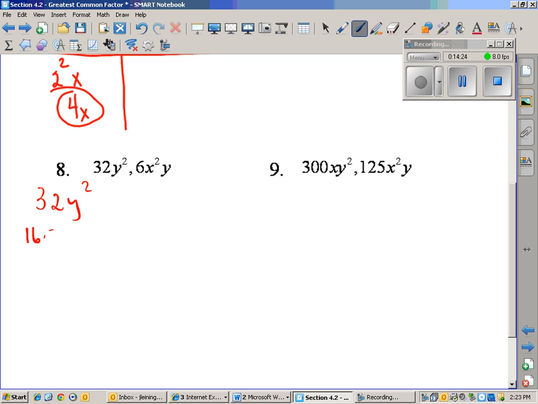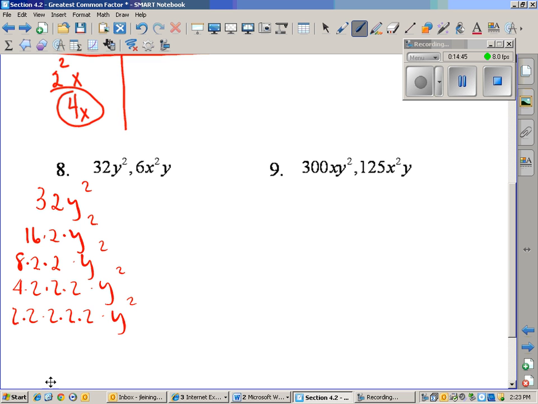I see 16 times 2 times y squared, which is 8 times 2 times 2 times y squared, which is 4 times 2 times 2 times 2 times y squared. And finally, I can make the 4 two more 2's and a y squared. Better multiply this back. 2 times 2 is 4, times 2 is 8, times 2 is 16, doubled is 32.